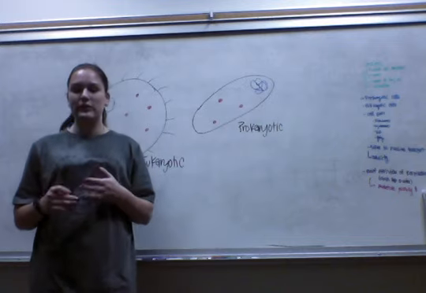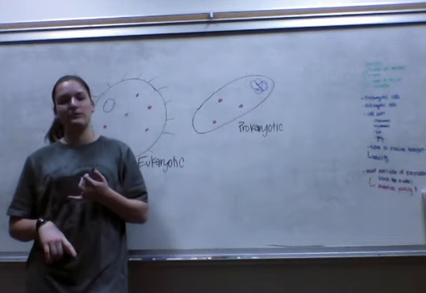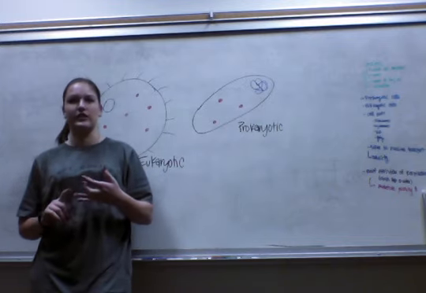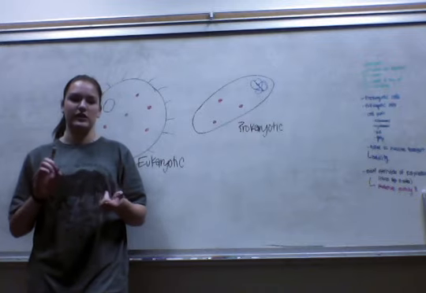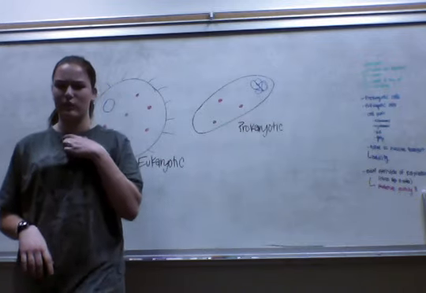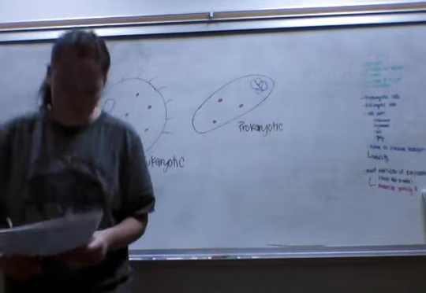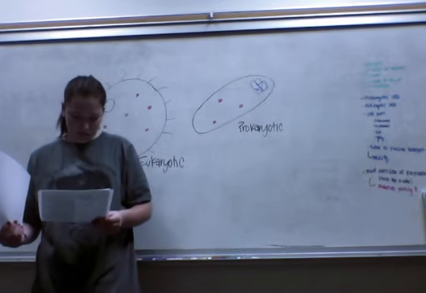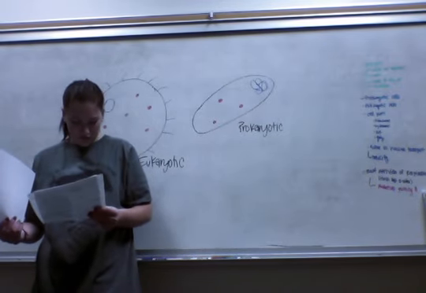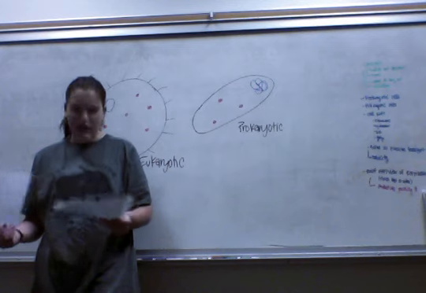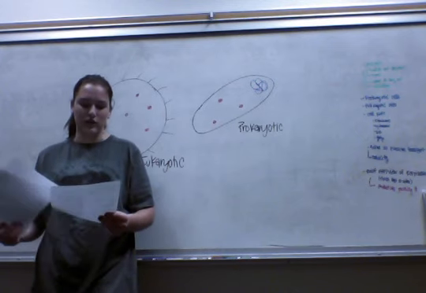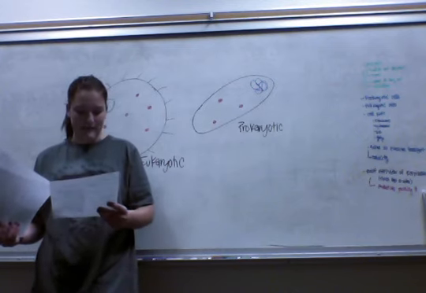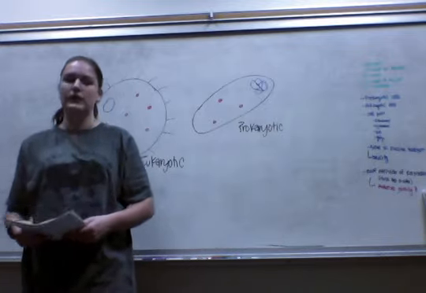But the key ones that she talked about are your smooth endoplasmic reticulum, your rough endoplasmic reticulum, Golgi apparatus, and your lysosomes, and I think there was one more. Mitochondria, I feel like we understand, but I'll go a little bit into that one.